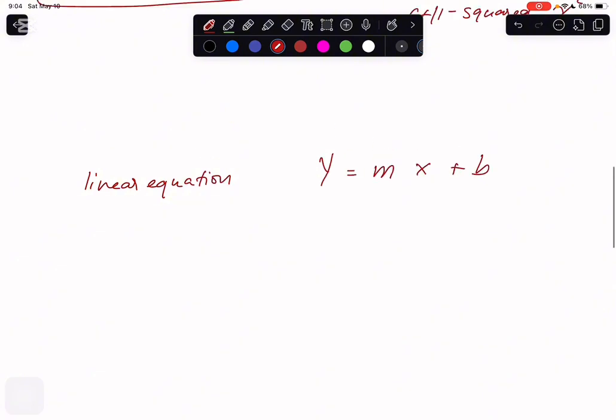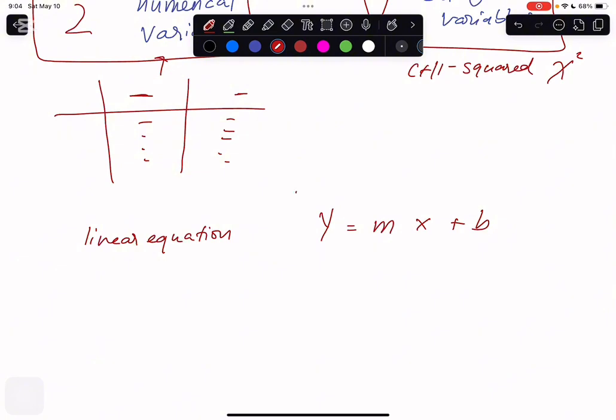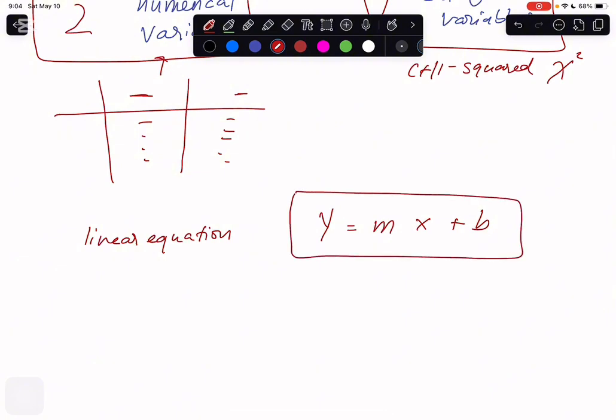After I get the two numerical variables, you'll have a data set with x values and y values. In the end I want to get this equation. I want to get a simple line of best fit or linear equation. I want to get it in this form. There's a y, there's an x, there's a slope, and there's an intercept.